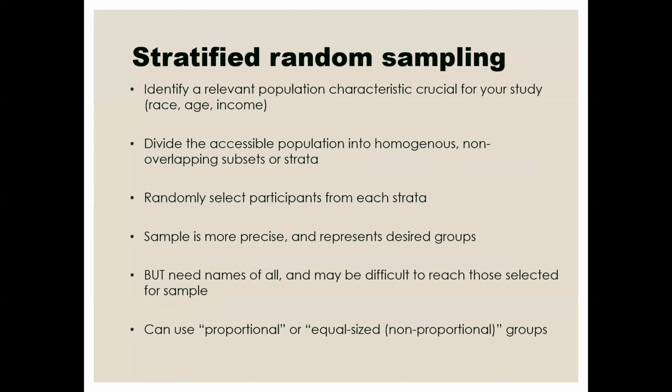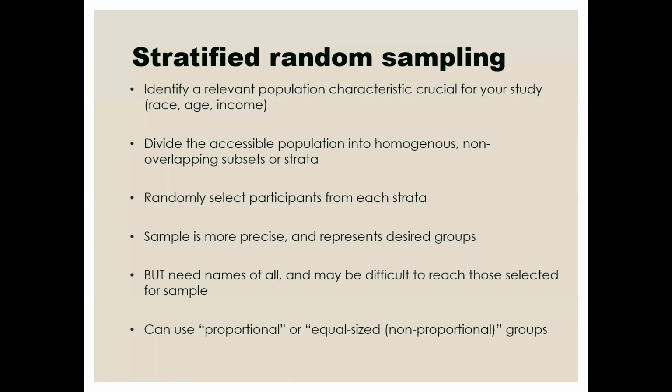So you're interested in looking at a sample that has representation for men and women. So you're going to take gender and divide people into, if they self-define as men and women, those two groups. And then you're going to randomly pick among the group that's male and the group that identifies as female. So there is random sampling, but that first division that you do is going to be based on a characteristic.